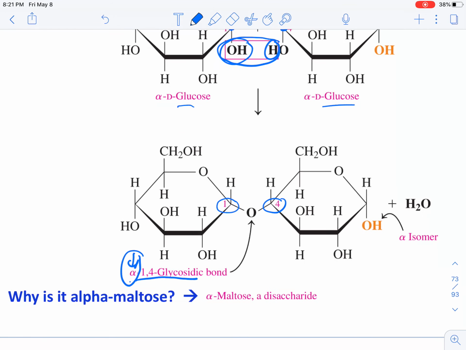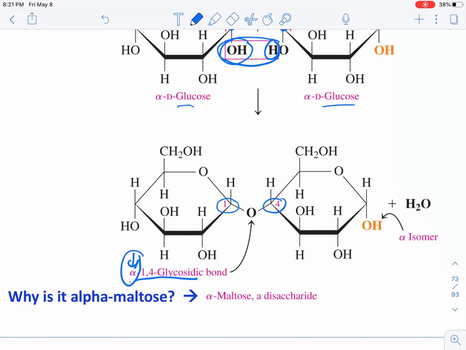And so since carbon 4 is not an anomeric carbon, we do not use alpha or beta to describe it.